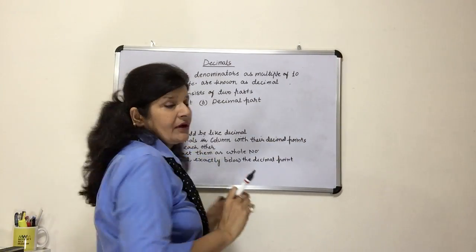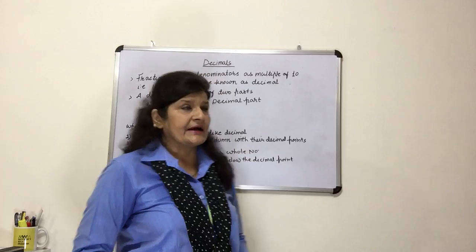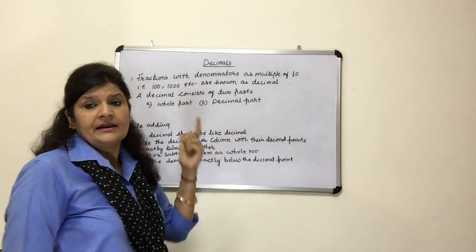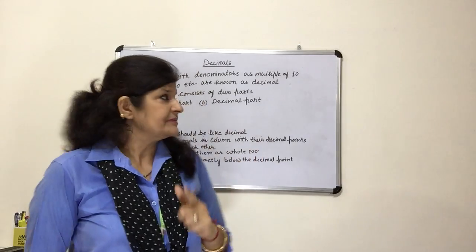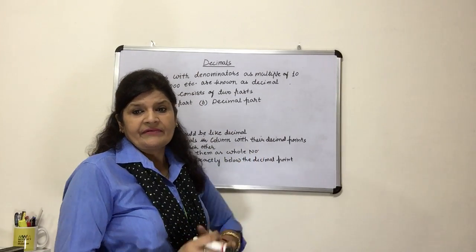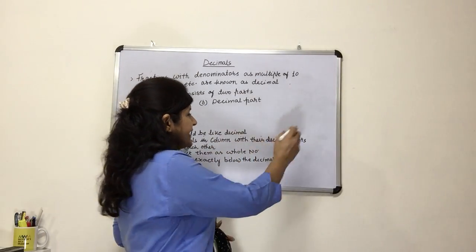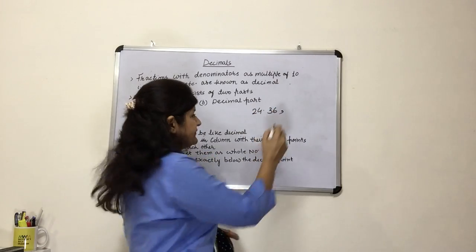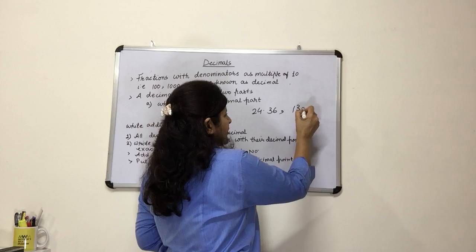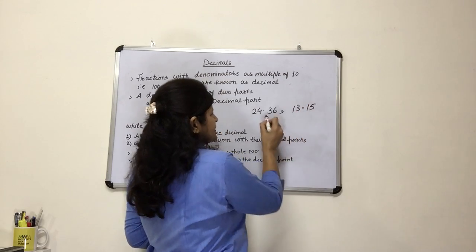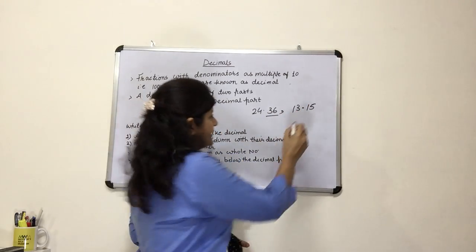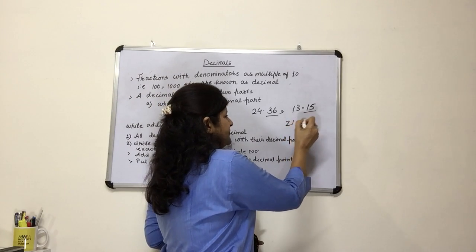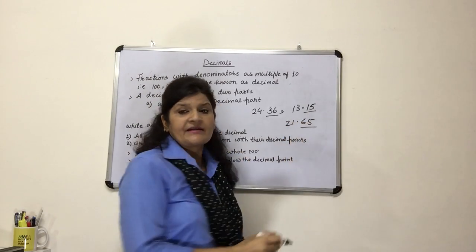Now a quick recap of addition. Whenever we are doing addition, all decimals should be like decimals, as we have already done in our previous class. Like decimals means, suppose 24.36, the next decimal 13.15 has two places after the decimal, and again 21.65 has two places after the decimal.